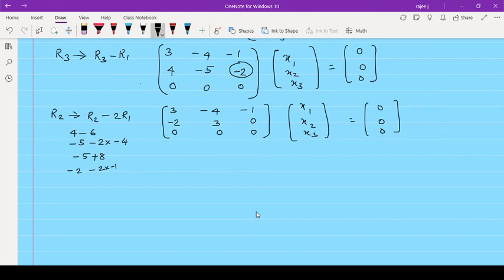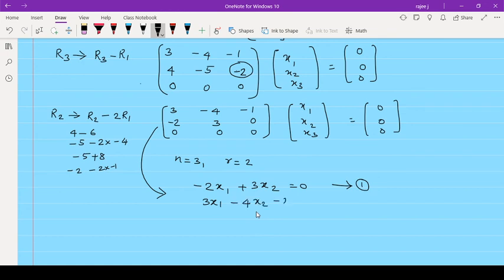Okay. So now here n equal to 3, r equal to 2. From this we are going to write the equations. Minus 2x1 plus 3x2 equal to 0, this is the first equation, and the second one 3x1 minus 4x2 minus x3 equal to 0, equation number 2.